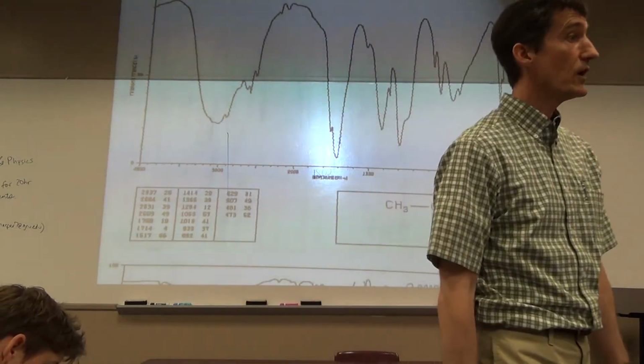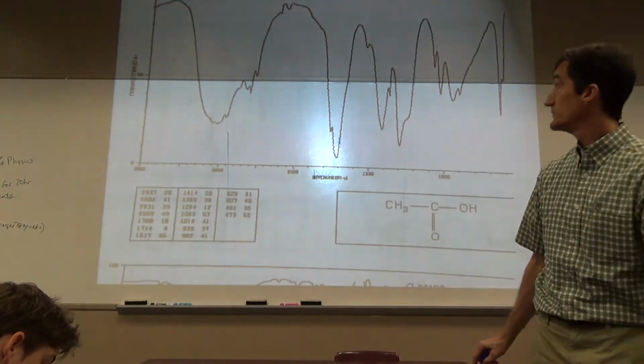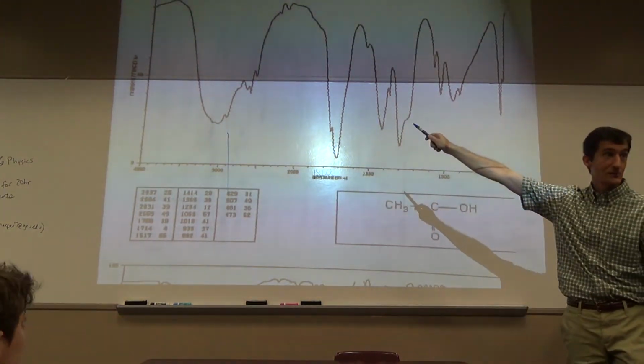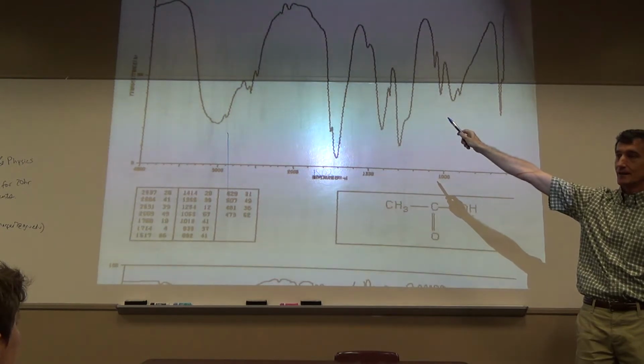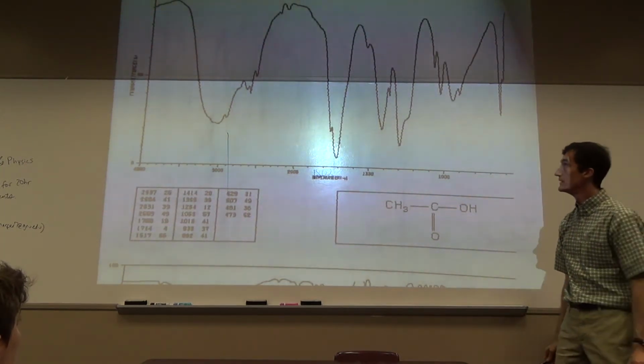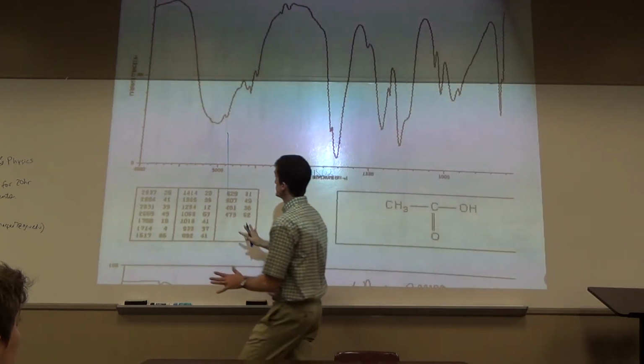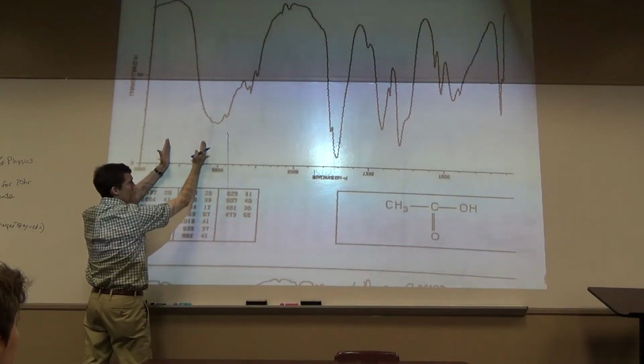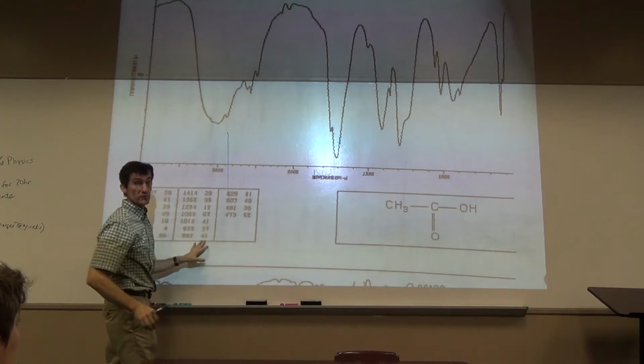Very broad and strong. So you see a very broad and strong peak. You see how it's flat, very broad and strong. And it goes not just at 3400, but it goes down to like 2600, all through there.